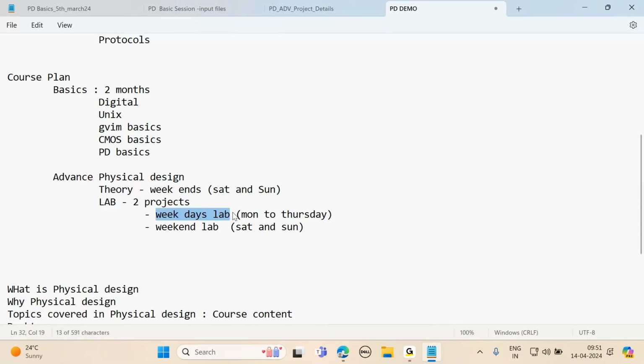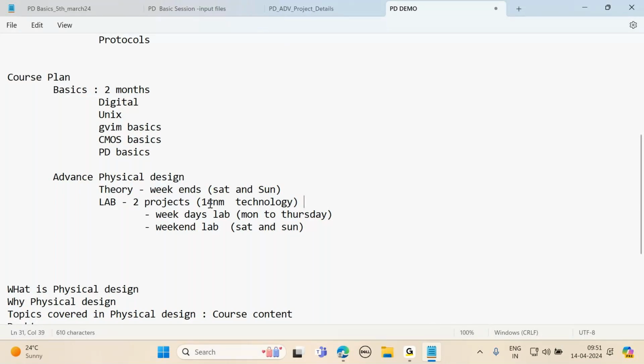Saturday and Sunday after the theory classes, they can go home, and weekend students will have lab after the theory classes. Monday to Thursday, lab will be done for weekday students. We are going to do 2 projects with 14 nanometer technology. Right. So this is the plan for the course.